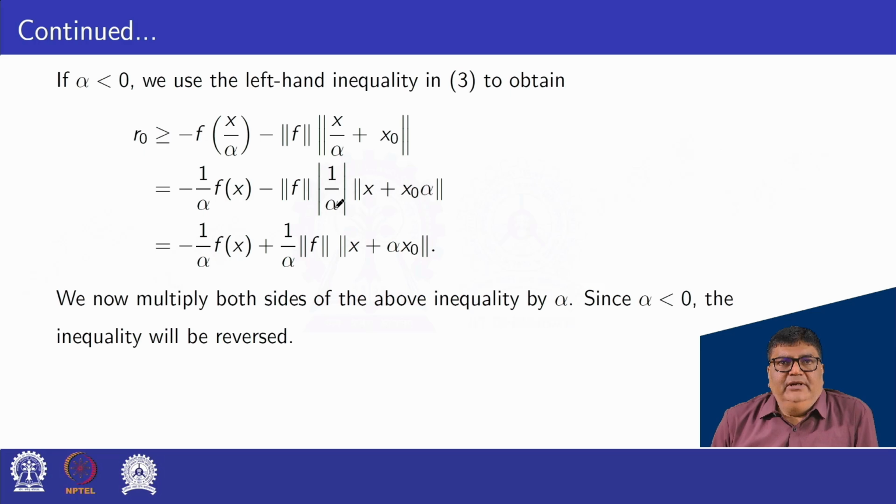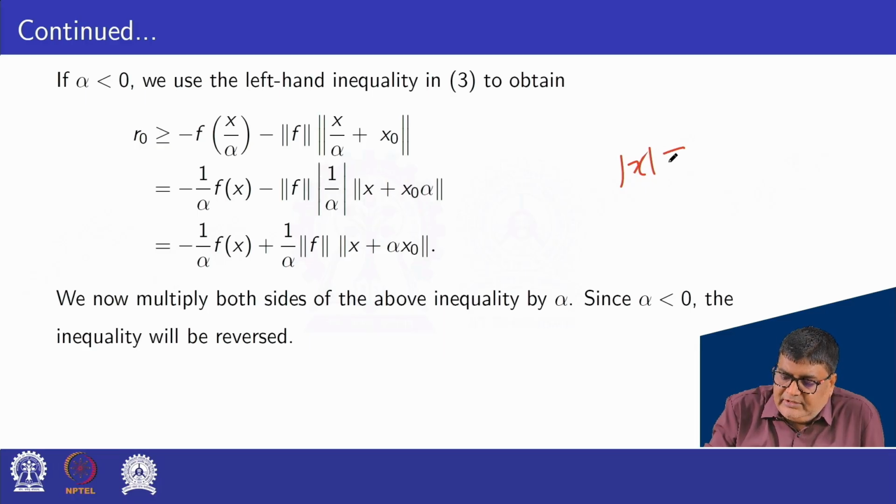So minus 1 by alpha and here minus, so we can write this as plus 1 by alpha. So this can be written as minus 1 by alpha into f x plus 1 by alpha into norm f into norm x plus alpha x0, because we know that mod x equal to x if x greater than 0 and this is minus x when x less than 0.